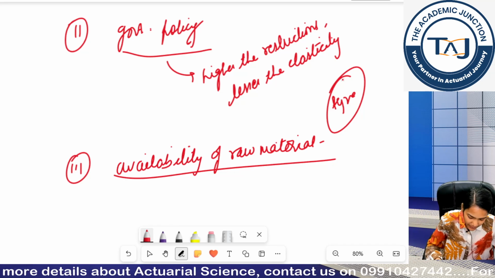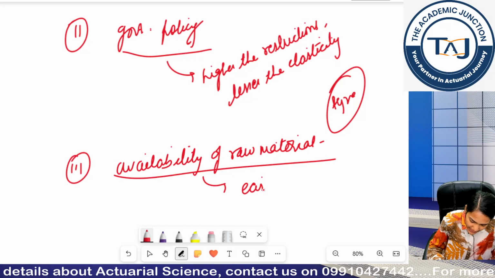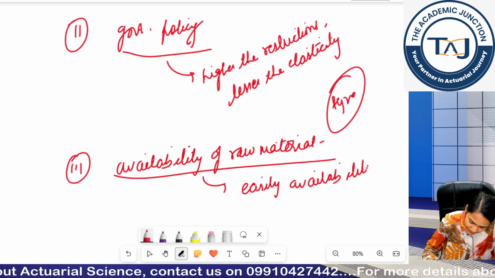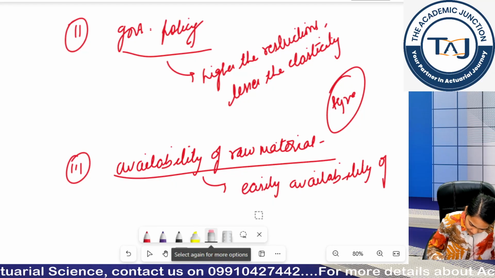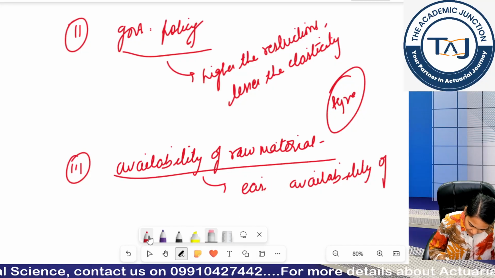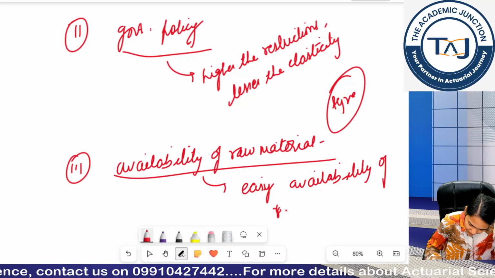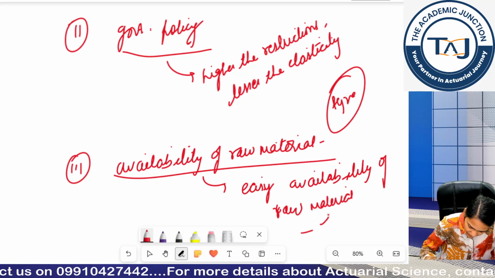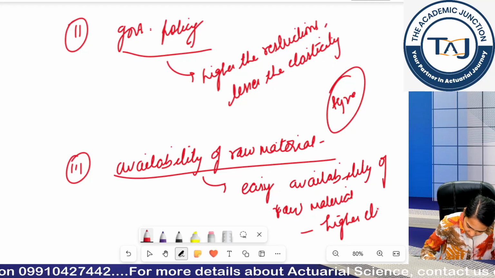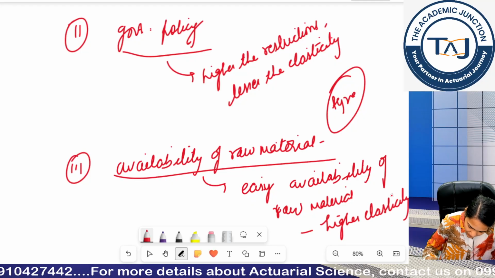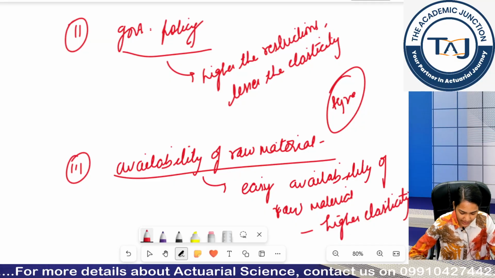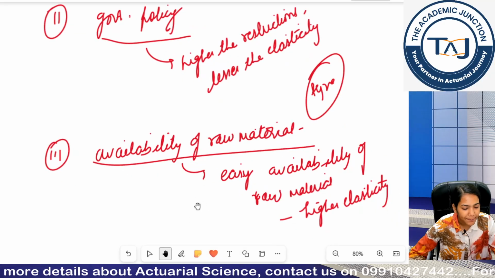So easily available raw material means higher elasticity. So these were some determinants of my supply.